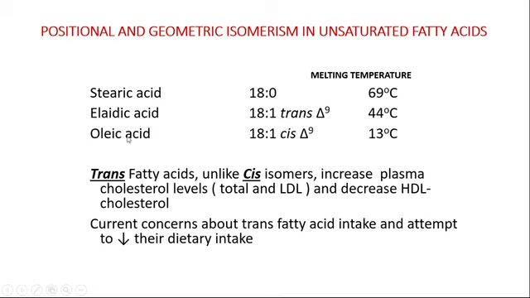You have elaidic acid, which is an 18:1, which has a trans double bond at the ninth position, and the melting point is 44. Whereas oleic acid, which has the cis double bond, the melting point is 3. So trans fats have a higher melting point than the cis fats.